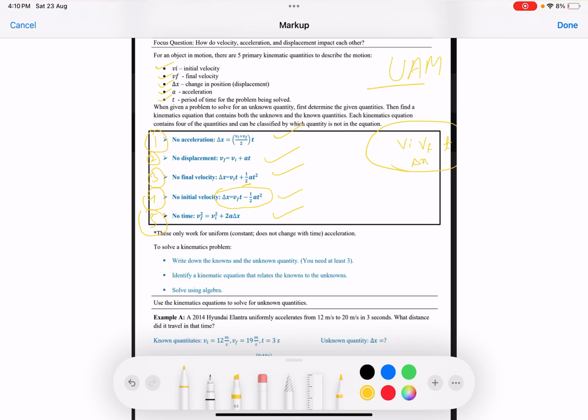Then jump to the 5 kinematic equations and choose the appropriate one which has all those 3 known quantities and also the fourth unknown quantity. Then use your algebra skills and solve it. So that's how we solve UAM problems. This is a very quick recap. Now you should try word problems by yourself to get an idea.